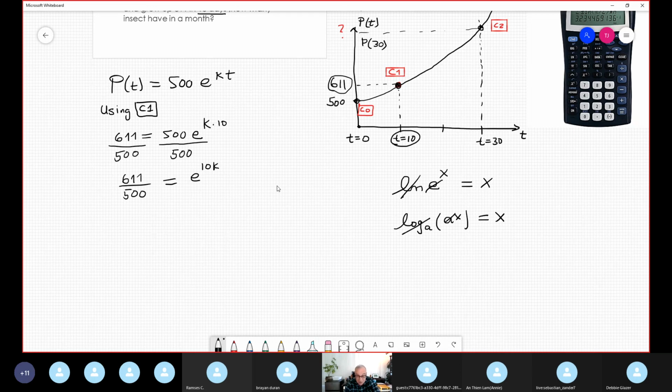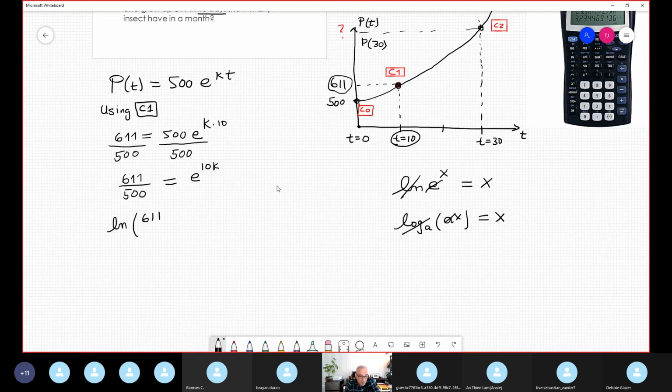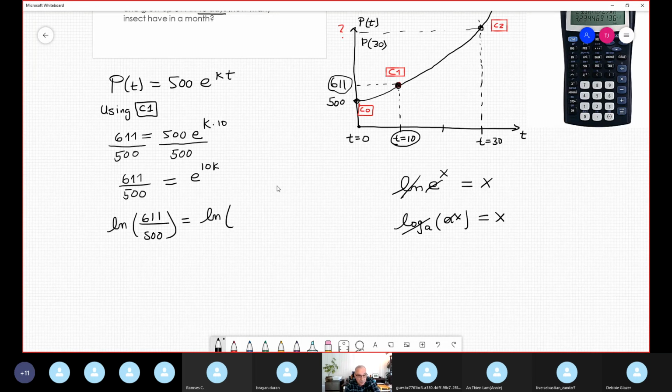In this specific case, the base is e, thus the convenient logarithm that we apply is ln of this, 611 divided by 500, ln of this.